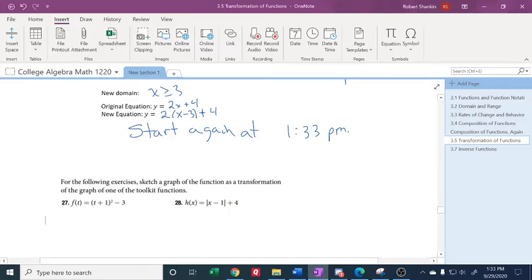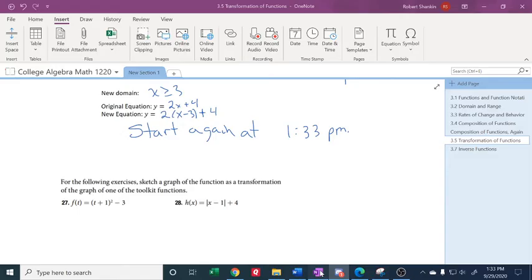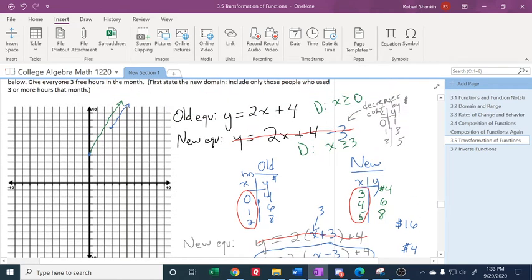All right, we will start up again. And a comment was made, wouldn't it be 2x minus 2? And that is correct. When I was graphing this, I made a mistake. I totally forgot about something.